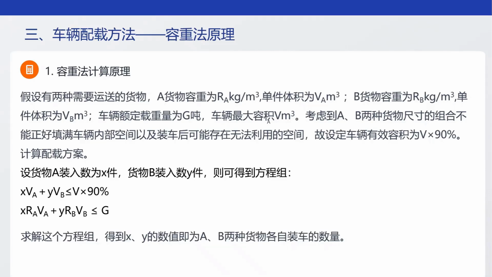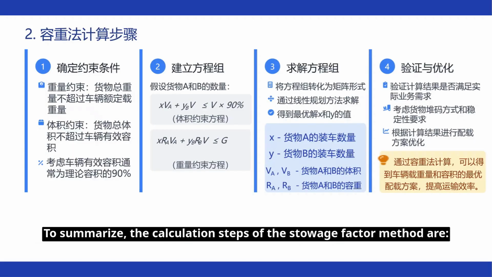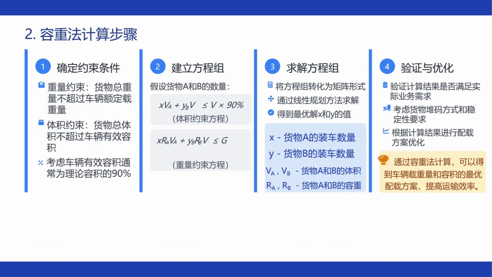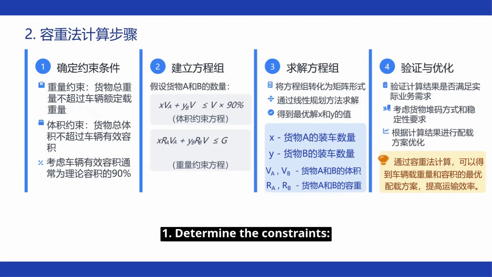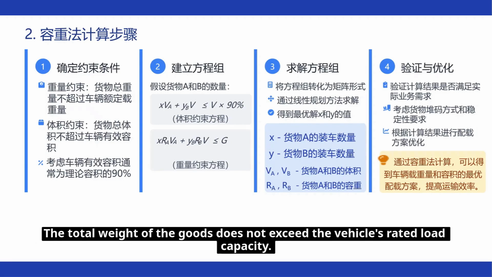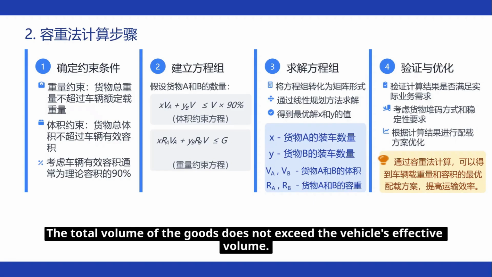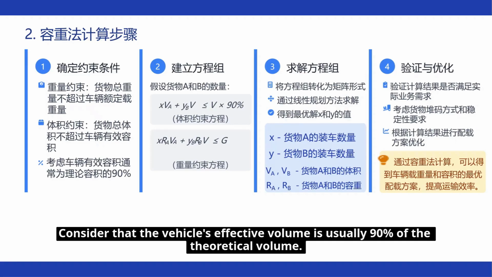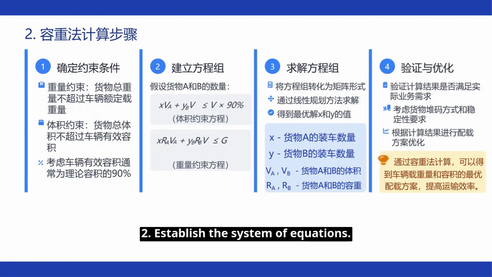To summarize, the calculation steps of the stowage factor method are: 1. Determine the constraints. The total weight of the goods does not exceed the vehicle's rated load capacity. The total volume of the goods does not exceed the vehicle's effective volume. Consider that the vehicle's effective volume is usually 90% of the theoretical volume. 2.